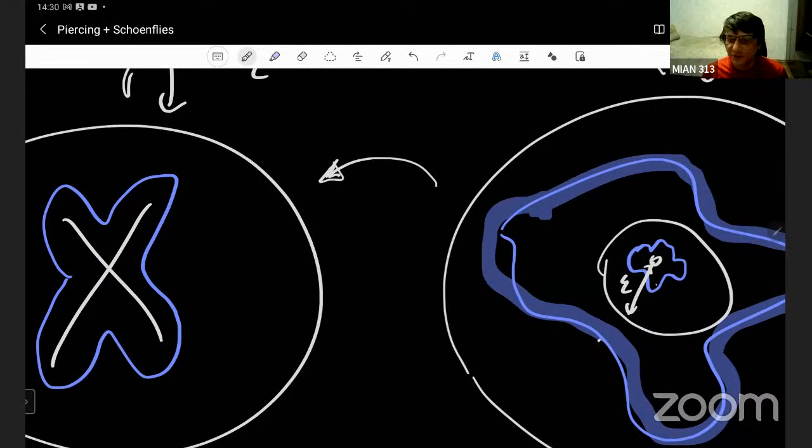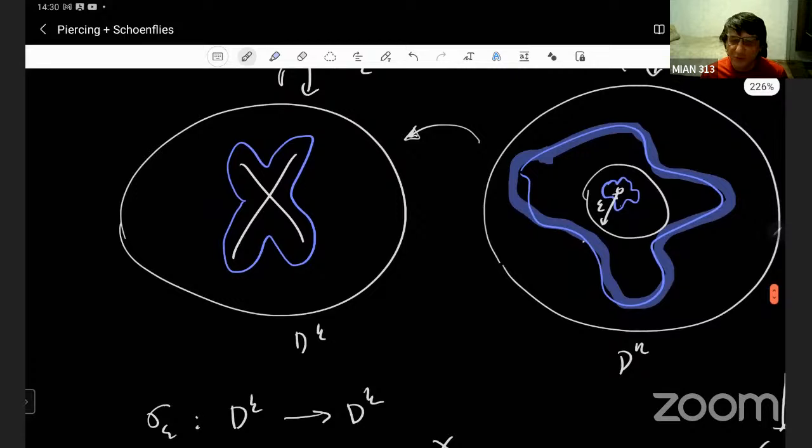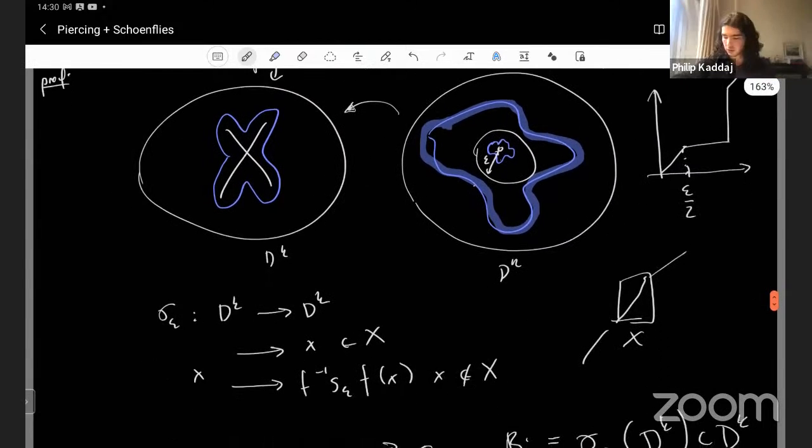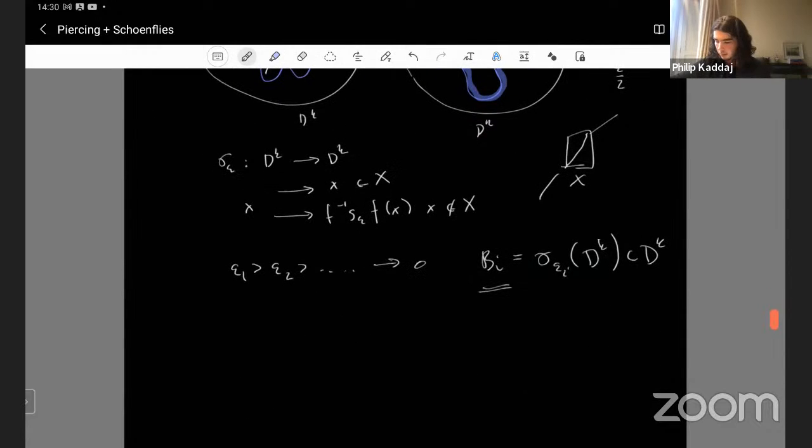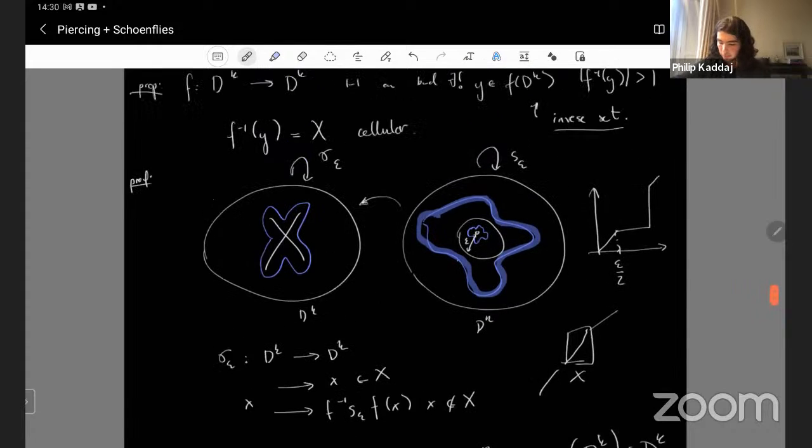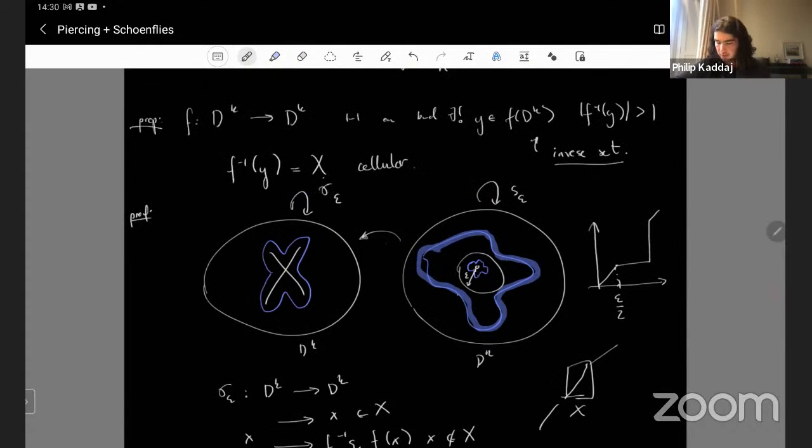So are you taking the preimage of this small blue set? So I claim that this map sigma epsilon is a homeomorphism, right? It's a map from the disk to itself, and it's a homeomorphism, but its image parametrizes the sets like balls, the cellular set which parametrizes the X. So how do you define this map again?